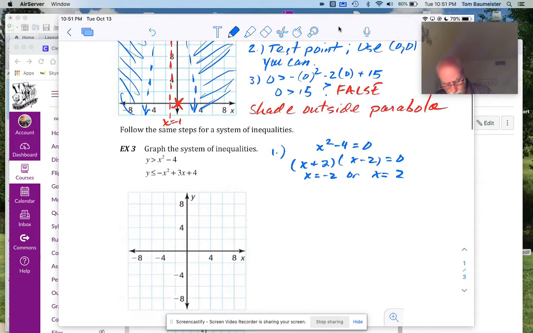So we can graph one here and one here. Our vertex on this one is 0 and negative 4. Again, it's just greater than, so we know we're going to do a dashed parabola. If I do that dashed, it's at 0 and negative 4, and it is going like this.